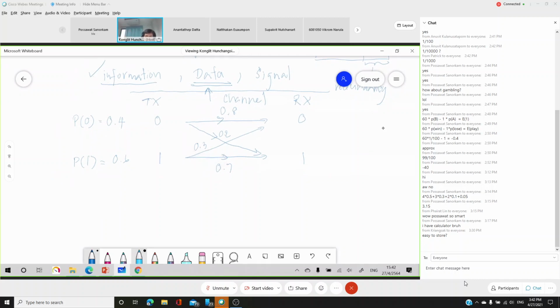So the 0.8 here, if I write that in probability notation, that's the probability of receiving a 0 given that 0 is transmitted.